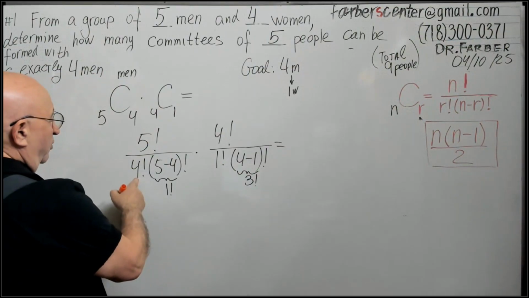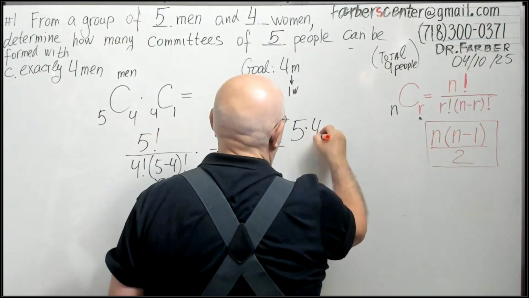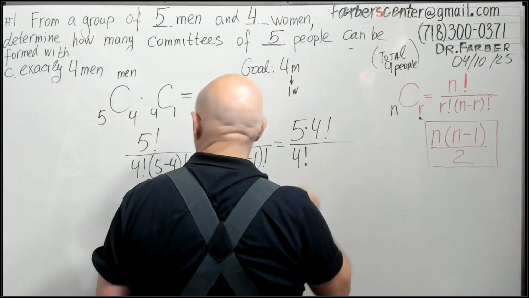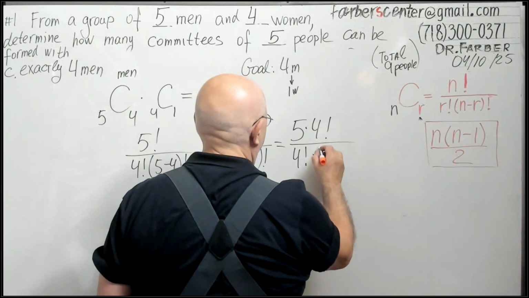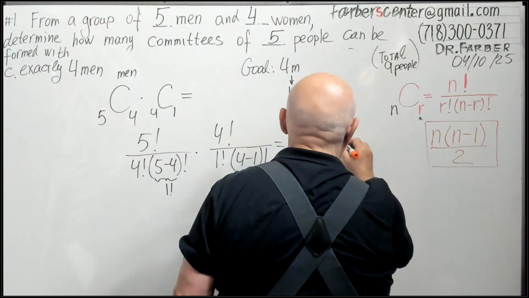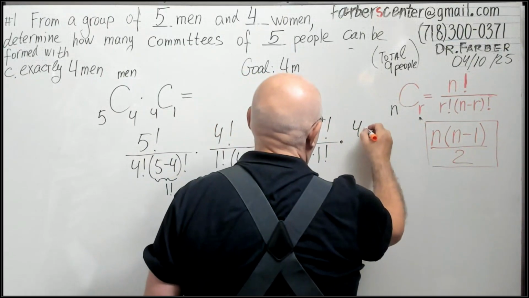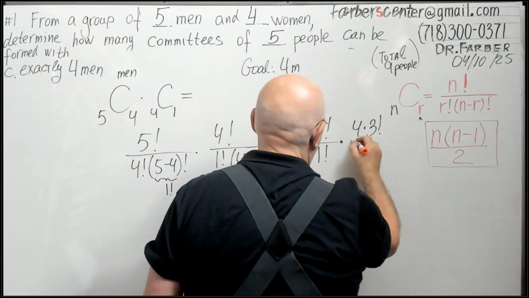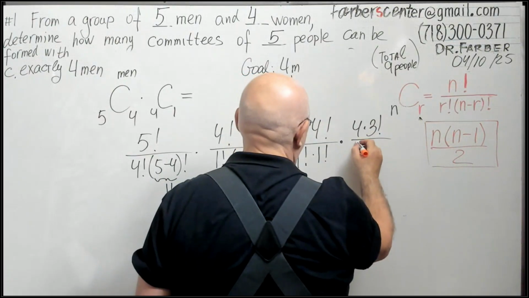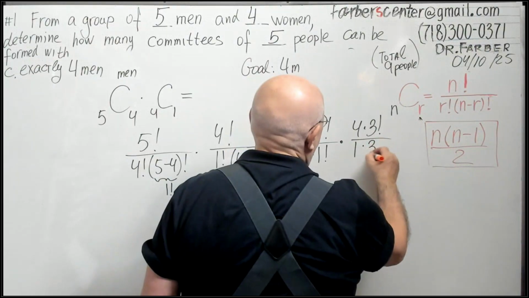Equals, the greatest is 4 factorial. It will be 5 times 4 factorial divided by 4 factorial by 1 factorial. Multiply by 4 times 3 factorial, since I have 3 factorial in the denominator. 1 factorial is 1 times 3 factorial.